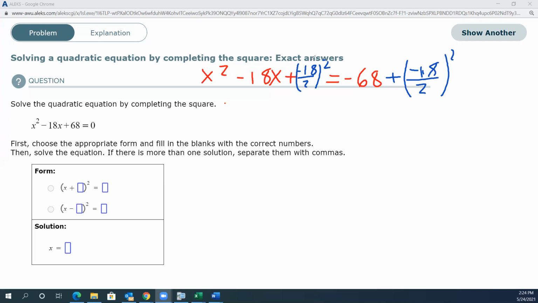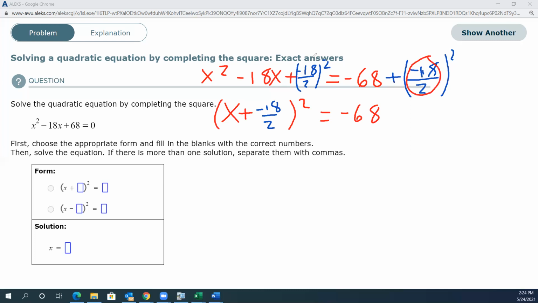So now, like we did a moment ago on that last topic, the left side is going to factor down to x plus something squared. What's that something? Negative 18 over 2. You're welcome. I know you can put negative 9 there, and that's just fine, but I'm teaching, and so I need to make it easier for you to tell what's going on. Okay, and then on the right, yeah, you just tidy it up.